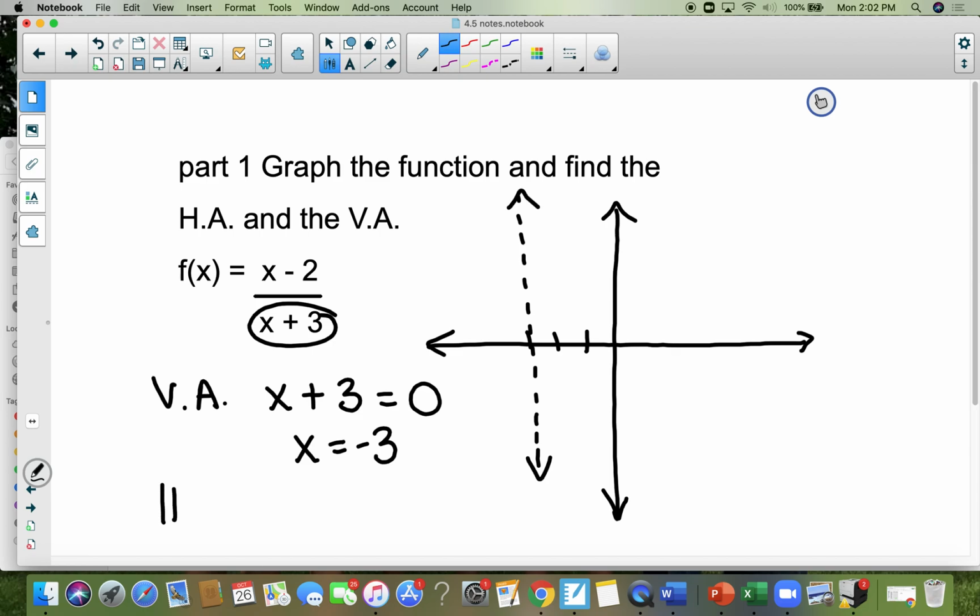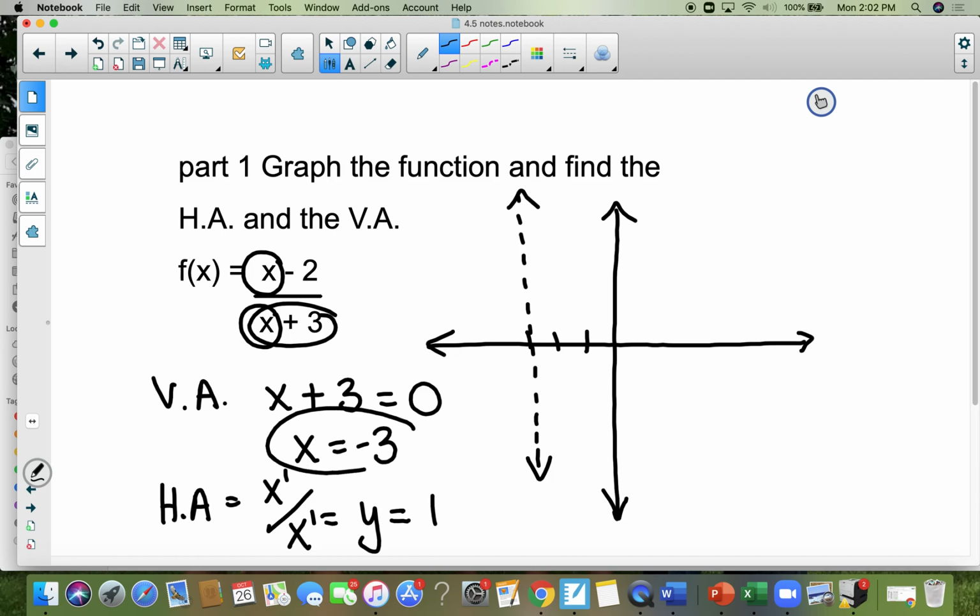To find the horizontal asymptote, you take the highest power in the numerator and divide it by the highest power in the denominator. And they are exactly the same power, which equals y equals 1. This is the vertical asymptote. Horizontal asymptote is at 1.